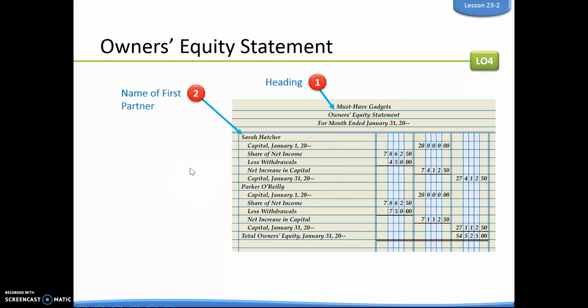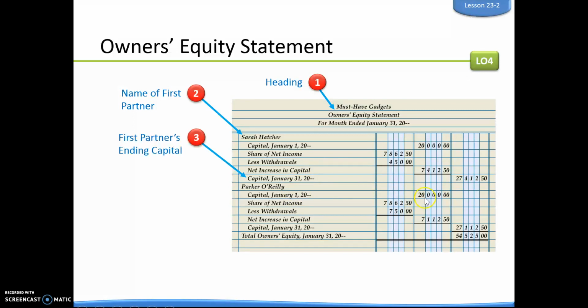We have Sarah first, and we show her initial capital investment, the share of net income that she received, less her withdrawals, and so that's her net increase in capital, and her new capital balance as of the end of the month is $27,412. Then we take Parker's, and we have her initial investment.